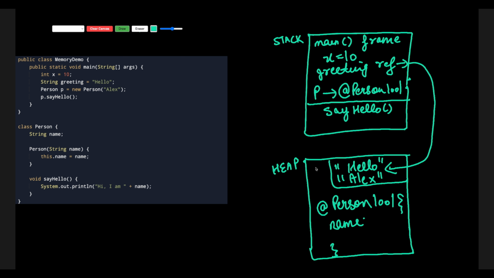Now after the say hello function is executed completely, the stack frame will be emptied. So basically this particular stack frame will be freed to be allocated by a new method. And once the main function also completes, this particular space will also be freed.